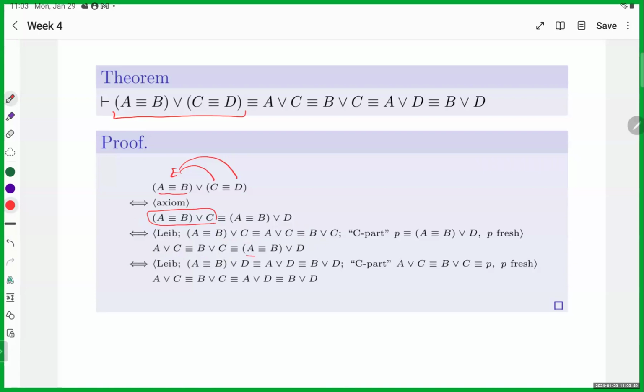Now do the same thing here, distribute D over this. But again, this is just a subformula. So let's call this P. We're applying Leibniz to our axiom of distributivity of disjunction over equivalence.